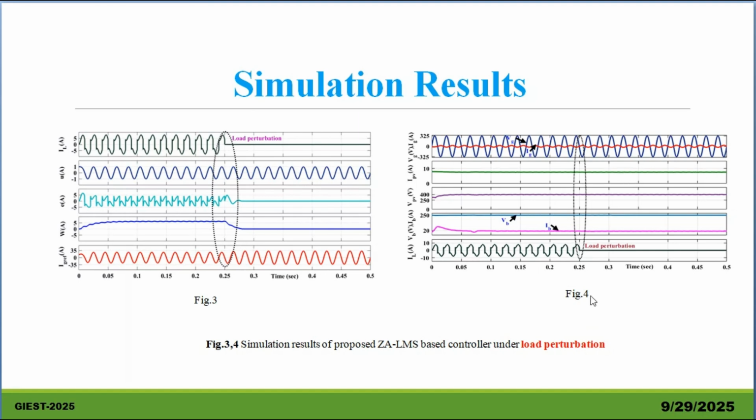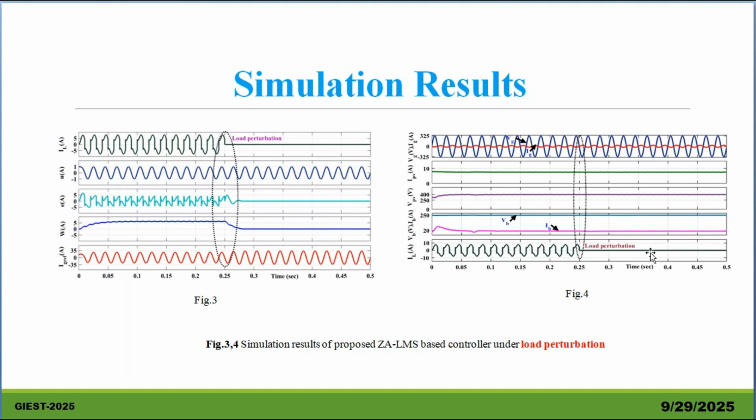In figure 3, the grid voltage and grid current are out of phase, and the battery current is positive, which means that the battery is in discharging mode and feeding power to the grid, that is, vehicle to grid mode working.